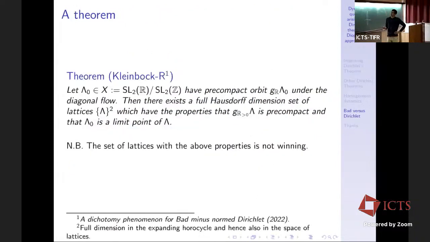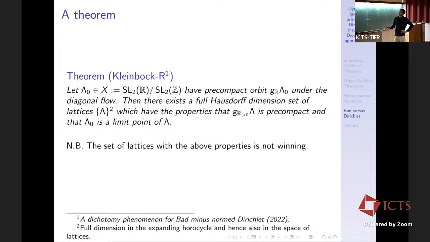Okay. And so we finally have our theorem. In SL2R mod SL2Z, that's the only obstruction to constructing bounded orbits with a prescribed limit point. So the theorem is, if you start out with this lambda naught, which has precompact R orbit under the diagonal flow, then you can construct a full Hausdorff dimension set of lattices. I'm just calling it set lambda.